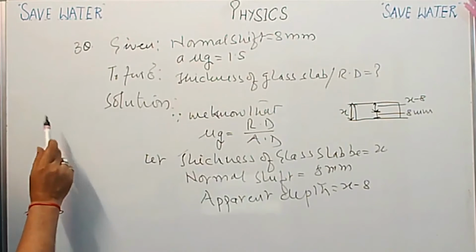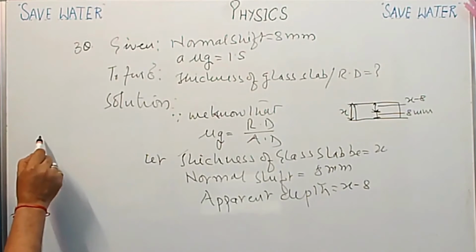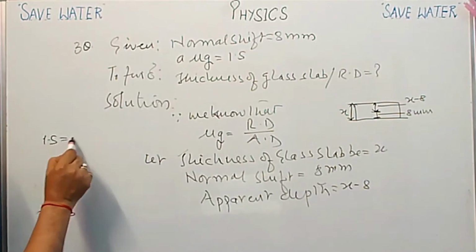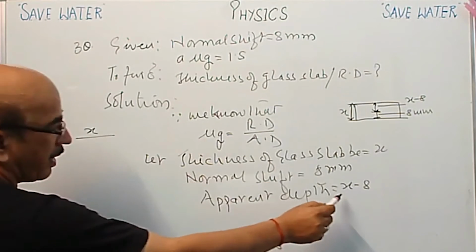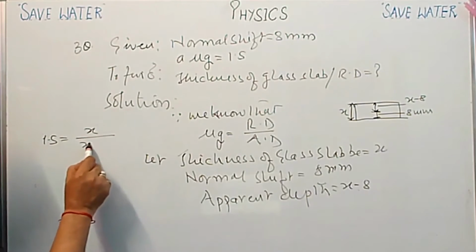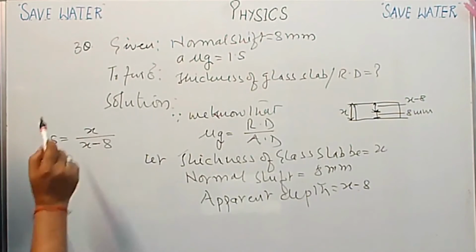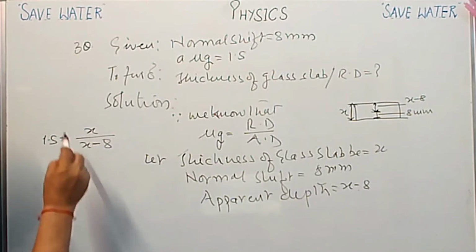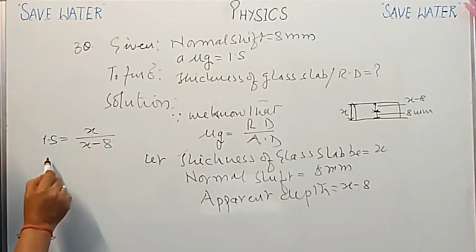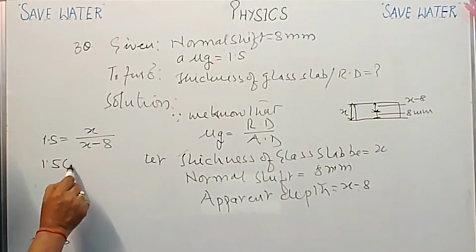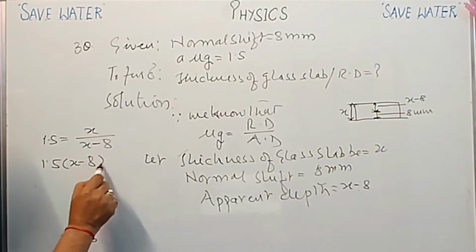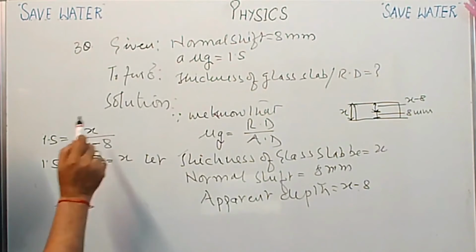Now just putting the values here. The refractive index of glass, how much is it? 1.5 is equal to real depth, which we have to find. It is x, and apparent depth we got x minus 8. Now we have to use mathematics. We will use mathematics and solve. So cross multiplication. So it will be 1.5 into x minus 8 is equal to x.